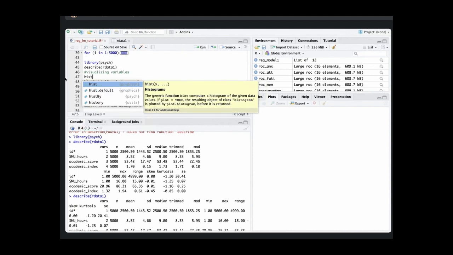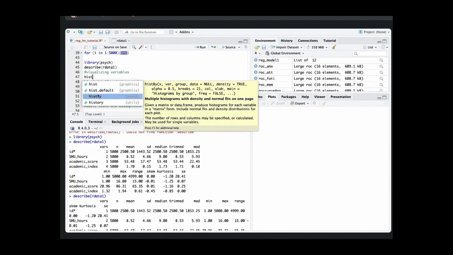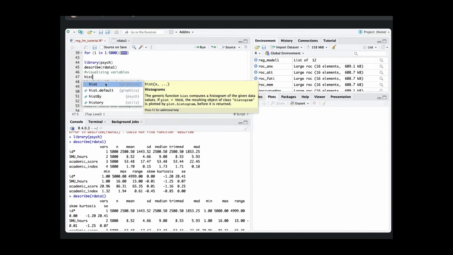Most of it is quite intuitive. So if I want to make a histogram, the command starts with HIST, right?